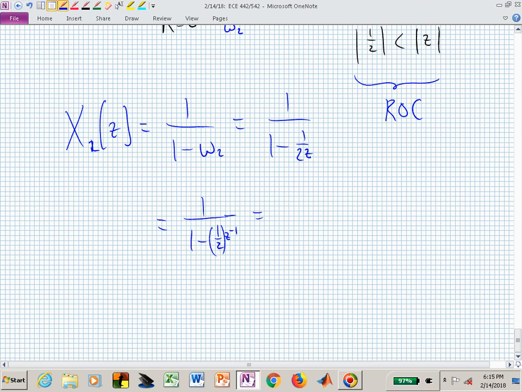If we scale that by z over z, we now have this as z over z minus 1/2. And this is true as long as the absolute value of z is bigger than 1/2. This particular structure for capital X sub 2 of z.